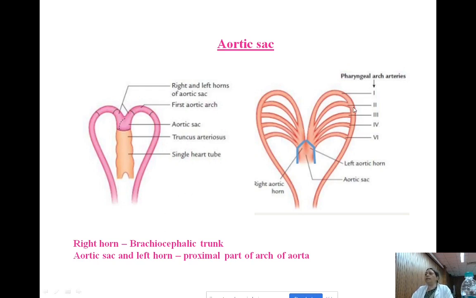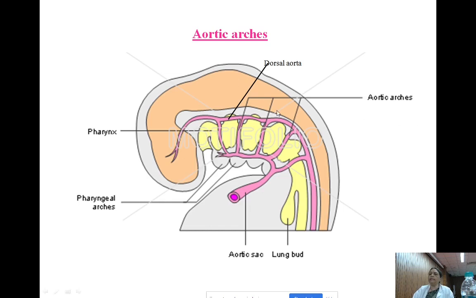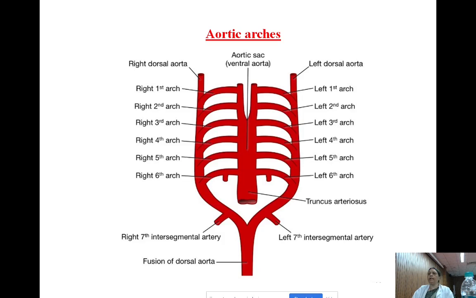But the third arch, fourth arch and sixth arch are very large and they give rise to the arteries. Now here you can see the arches. The first arch artery will disappear, the second arch artery will also disappear, and the third, fourth and sixth arch arteries are dilated and form the definitive vessels. Here you can also see that the ventral aorta and the dorsal aorta are connected by these arch arteries.